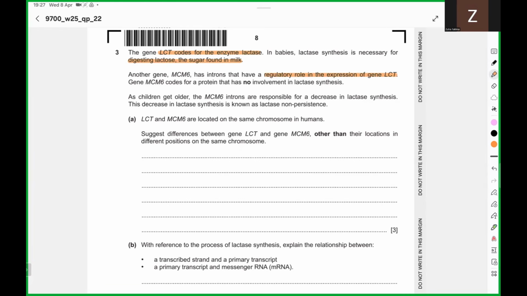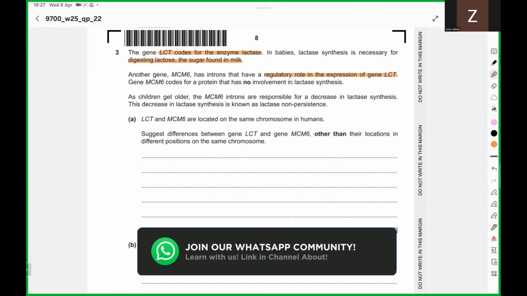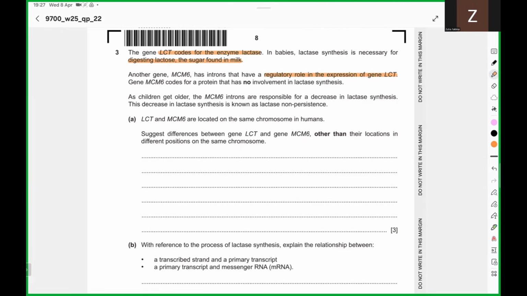Regulatory role in the expression of gene LCT basically means that they regulate the number of times the gene LCT would be expressed. So they're basically regulating the transcription of the LCT gene. Gene MCM6 codes for a protein that has no involvement in lactase synthesis. As children got older, the MCM6 introns are responsible for a decrease in lactase synthesis.